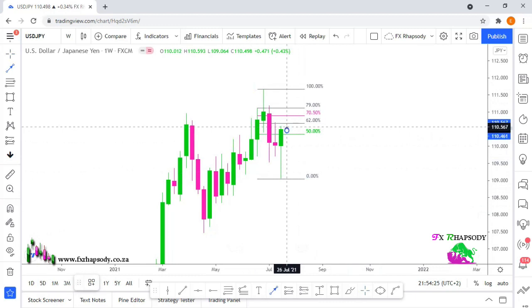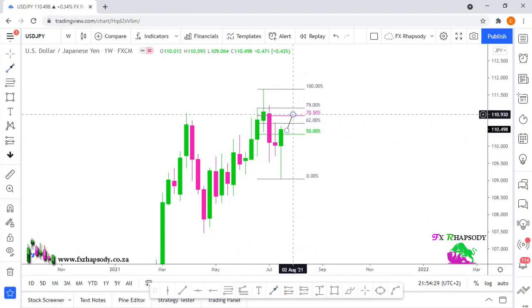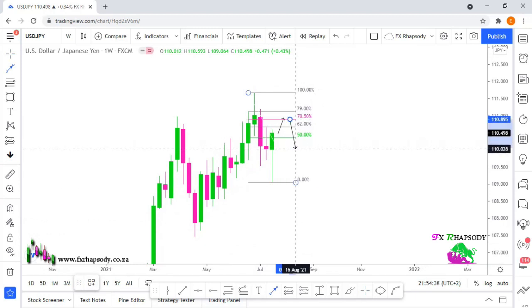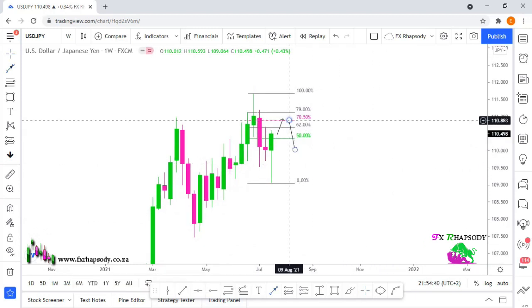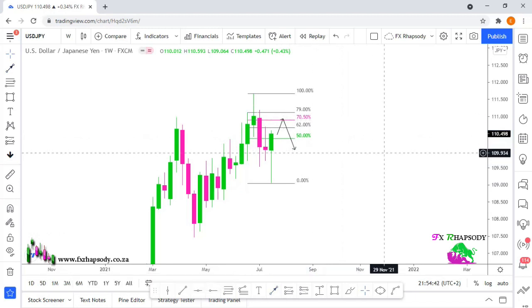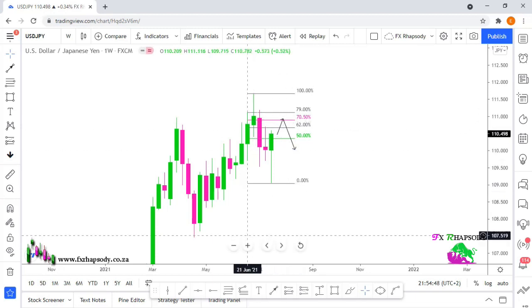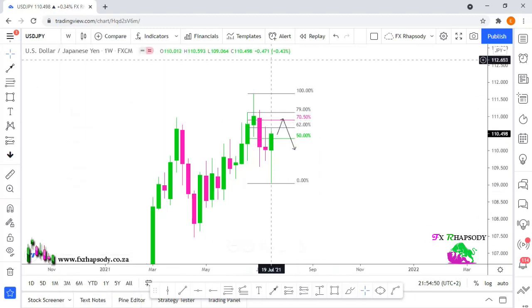I expect the next candle to come up even more, and maybe going into that 70.5% retracement area before price starts moving to the downside. So we will definitely keep our eye on this area over here to see what happens on the lower time frames.